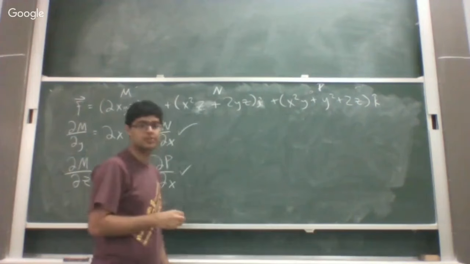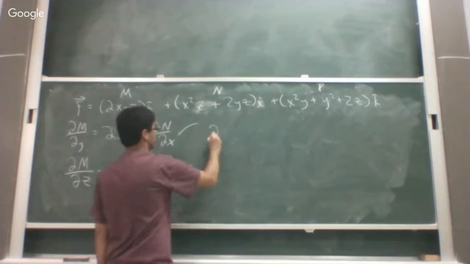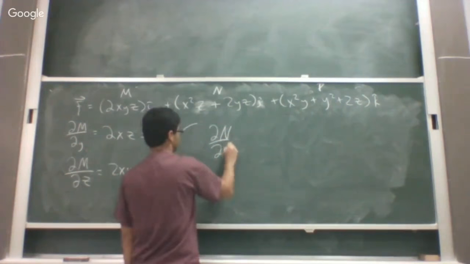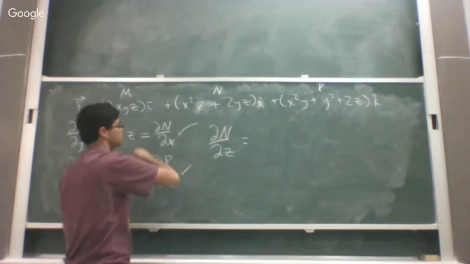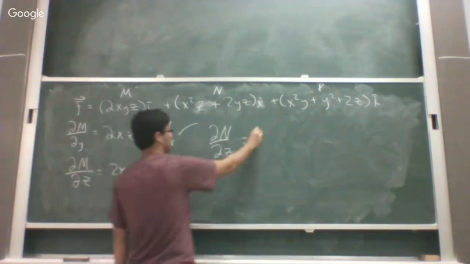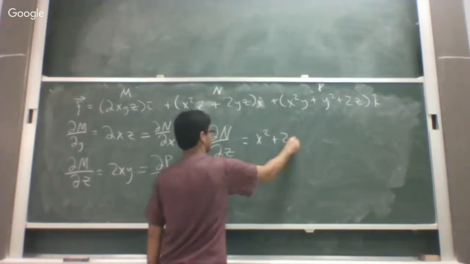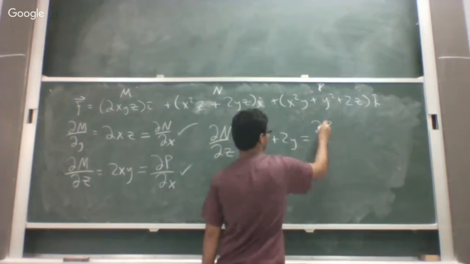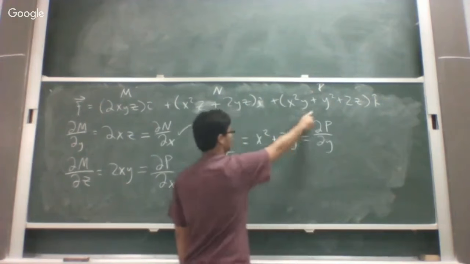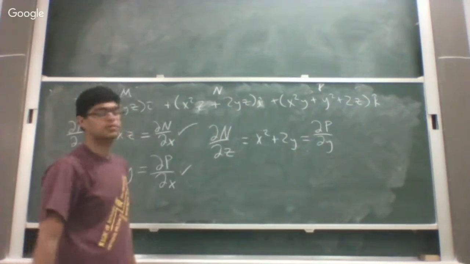And the last relationship is the partial of n with respect to z, which is equal to x squared plus 2y. Is that equal to the partial of p with respect to y? x squared plus 2y. Yep.